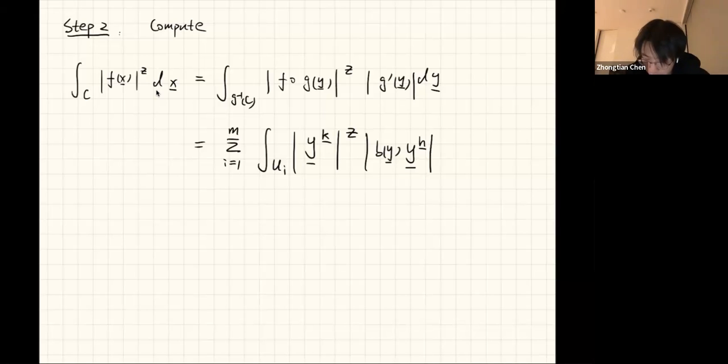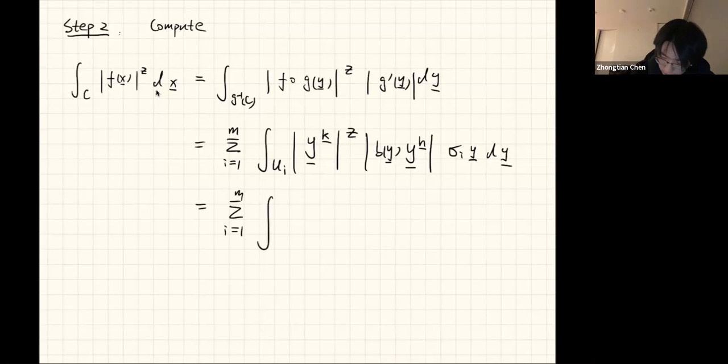And because we evaluate the integral on different charts and glue them together, we need to multiply by a partition of unity. Then this integral will just be this.